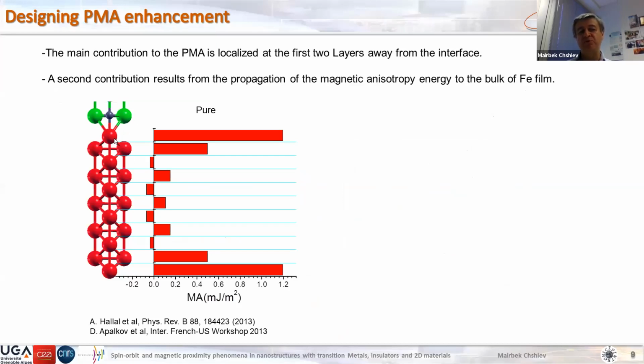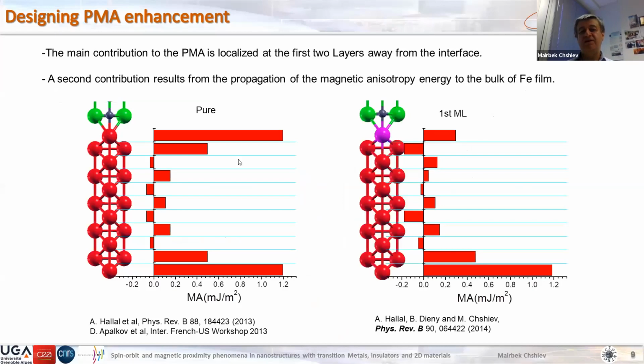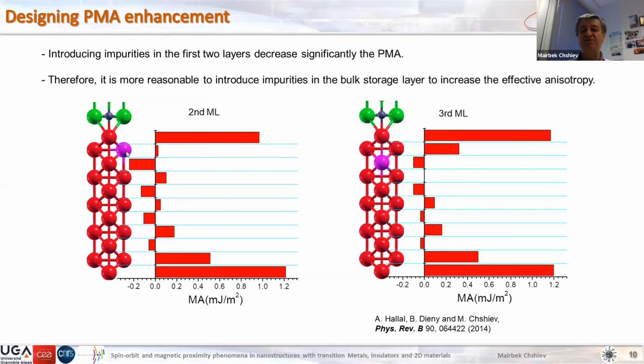Here we have 2 iron per layer. So let's start replacing one of them by vanadium. Here, what is happening? We put it at the interface. We immediately, harmfully affect the PMA, and it is strongly reduced. Then we put it in the second monolayer, away from the interface. We start to restore the anisotropy of the first one. And finally, when we put it at the third, etc., we will restore our interfacial PMA.